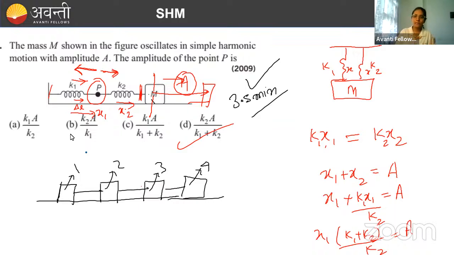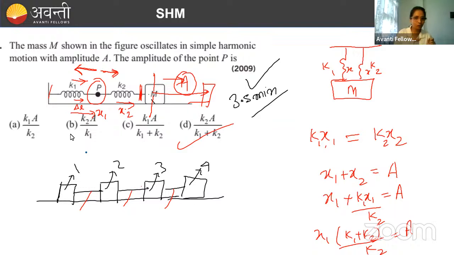Now how many strings are you having here? One is this, one is this, one is this. Now the question is, will tension remain the same in all springs? How will we decide that?